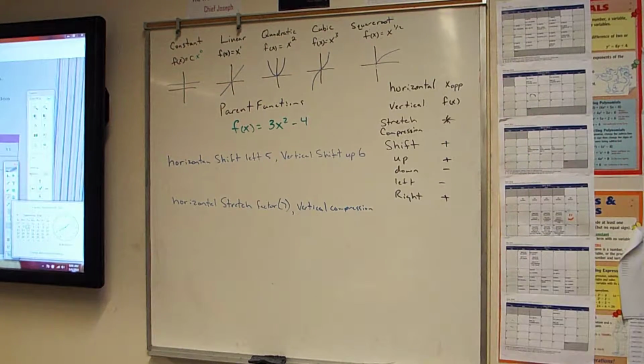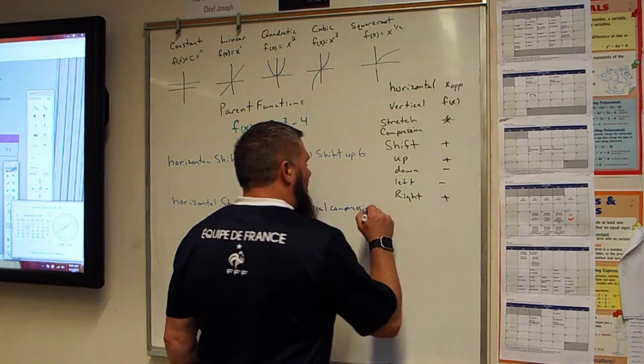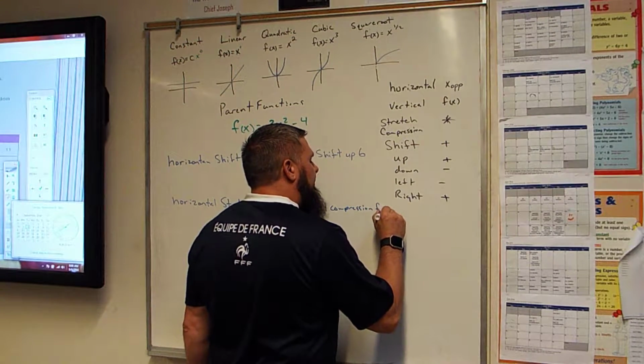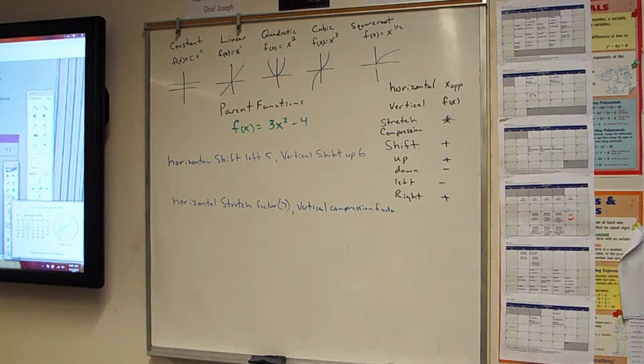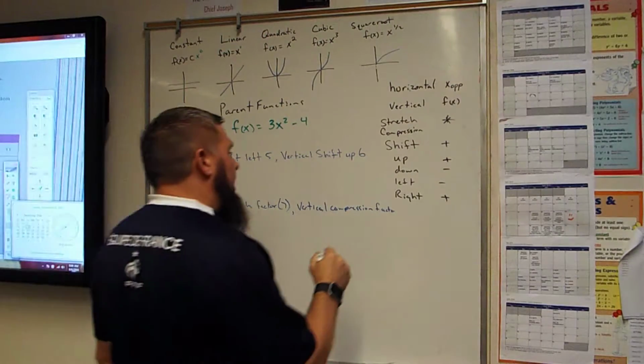Vertical compression. Now compression means with a factor of something smaller than 1, right? Compression. So 8/9.